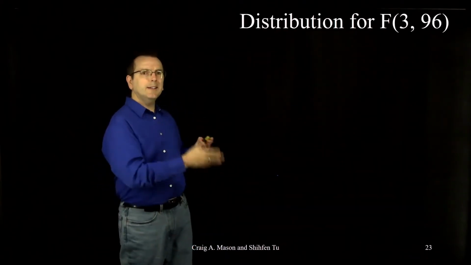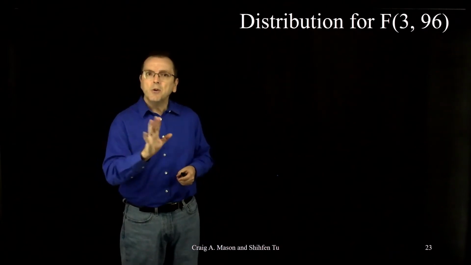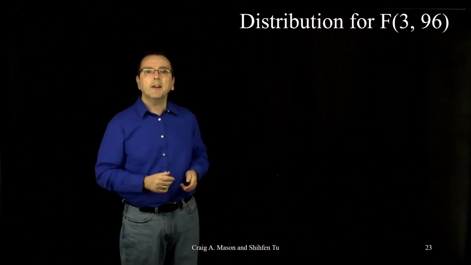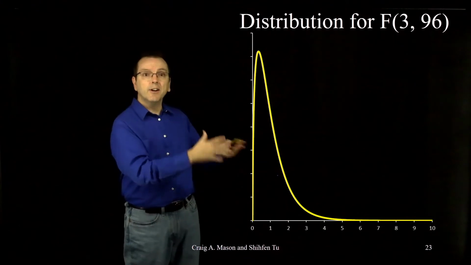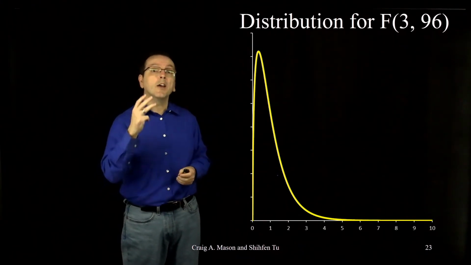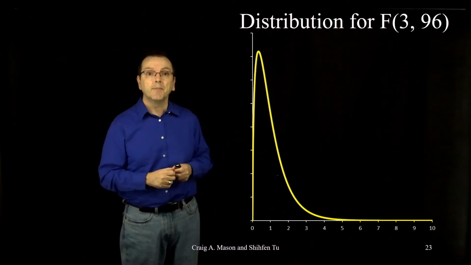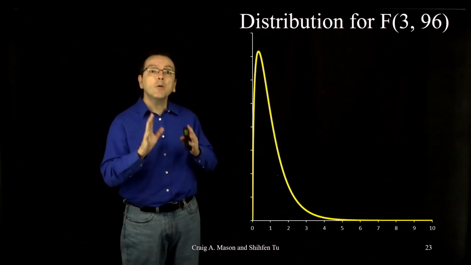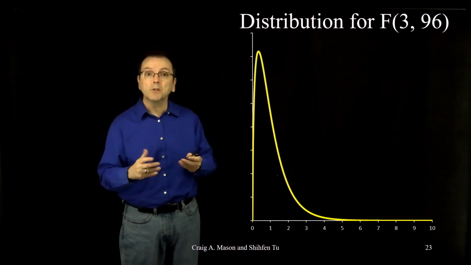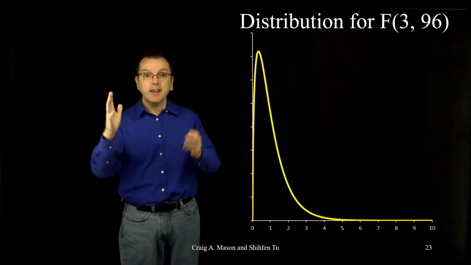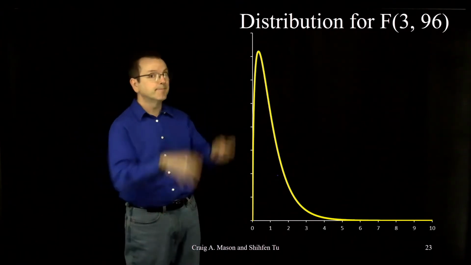So what does the F distribution look like? In general, it typically looks something like this. Now, as an illustration, here is the F distribution based on 3 degrees of freedom between and 96 degrees of freedom within. Now, notice how we report F. It's similar to how we report T-scores, where we had T, then parentheses with the degrees of freedom in the parentheses.